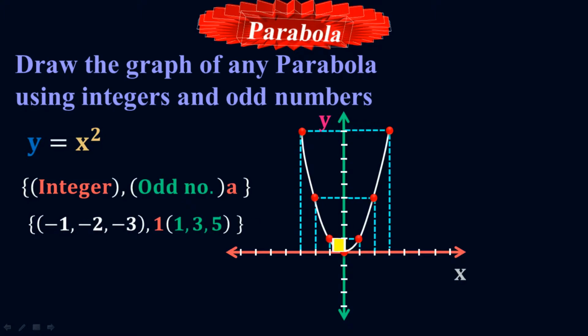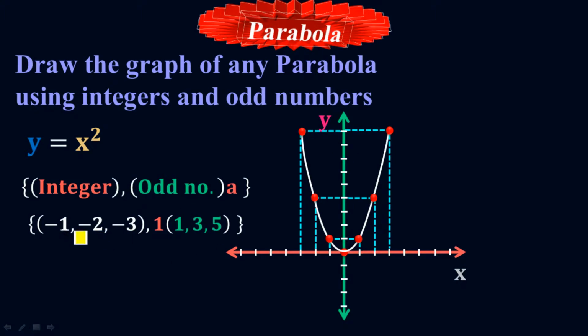For the second term, I'm going to start from here up to there: 1, 2, 3. I have 3 here, 3 times 1 is 3. Now I'm going to start from here up to there. How? When I take -3, I'm going to go 5 points above, 1, 2, 3, 4, 5, because I have 5 here.